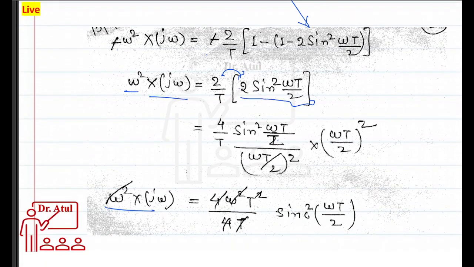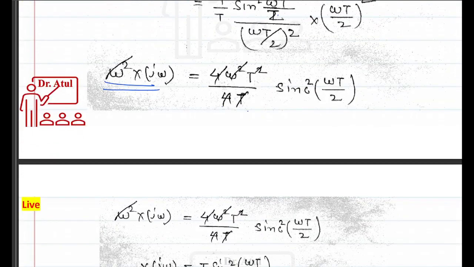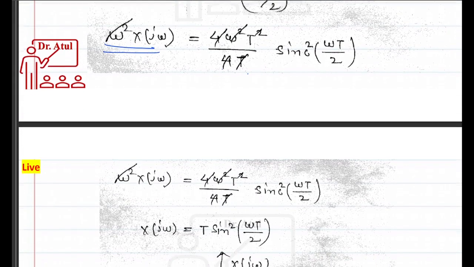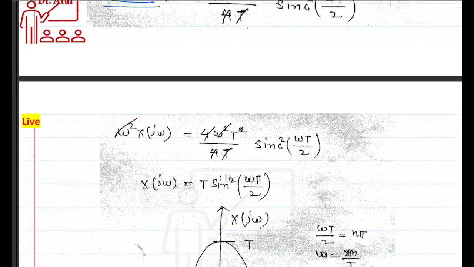So omega square X of j omega equals 4 omega square T square divided by 4T sinc square omega T by 2, or X of j omega equals T sinc square omega T by 2.